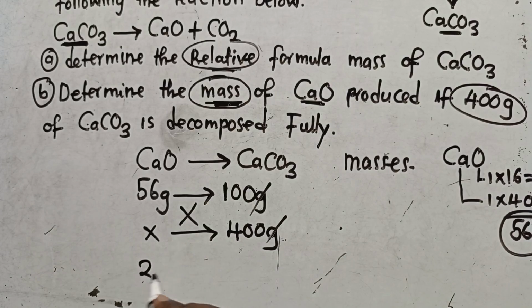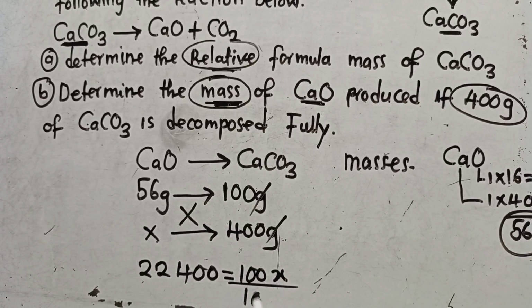I'm getting 22,400, which is equal to, when I multiply 1 times 100, that is 100 X. Then I divide both sides by 100. So this and that get to cancel.